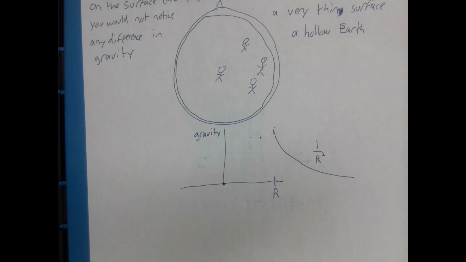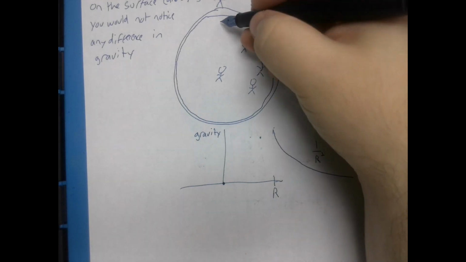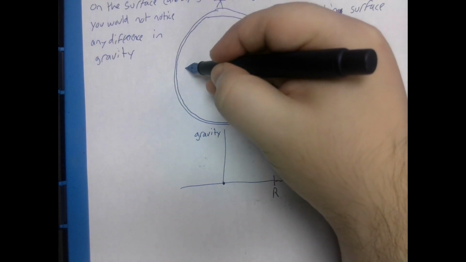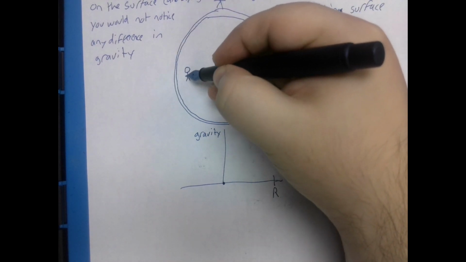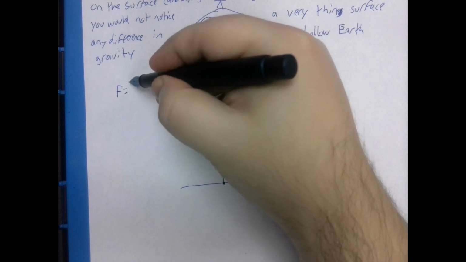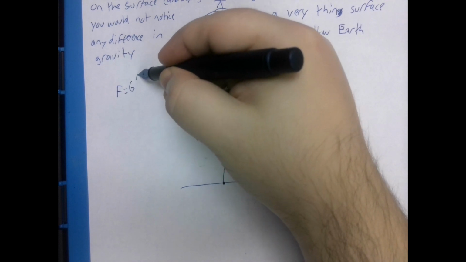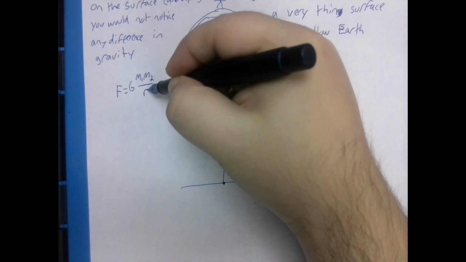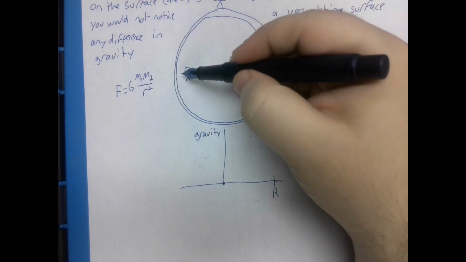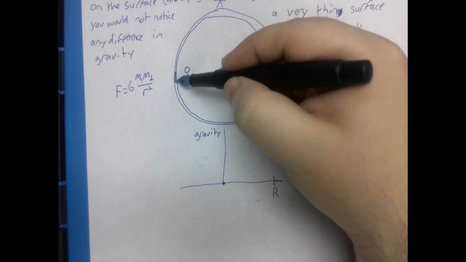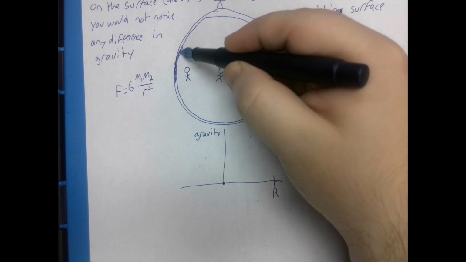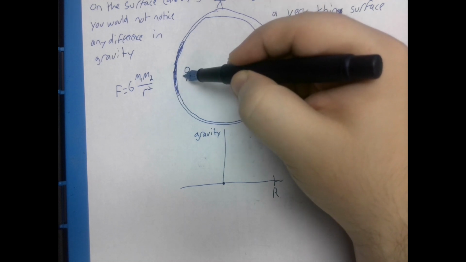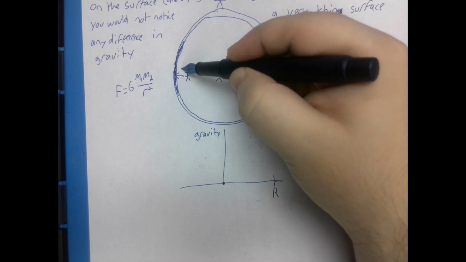Do you know its exact value? Want to take a guess? Let's think about it. So let's put you right here. So remember the equation is force is equal to G m1 m2 over r squared. So you're very close to this region right here, right? So it's going to pull you more strongly over here.